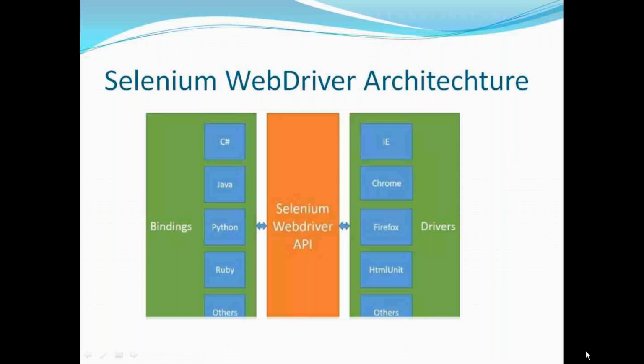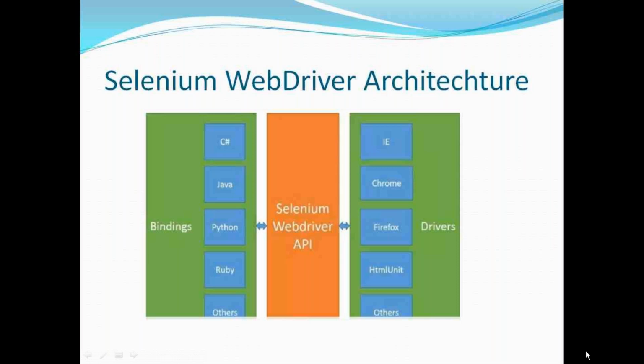All right. So this is one image you are currently looking at, of Selenium WebDriver. There are four sections. One is binding languages: C#, Java, Python, Ruby, and many others. Then in between come the Selenium WebDriver APIs, which we just talked about.